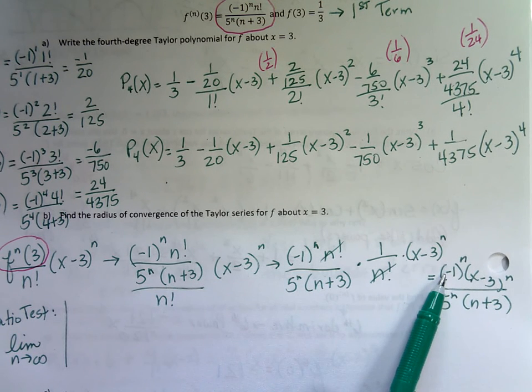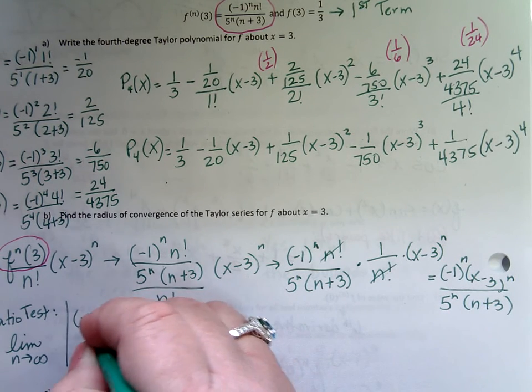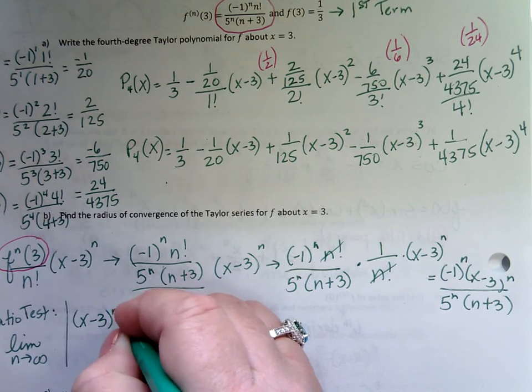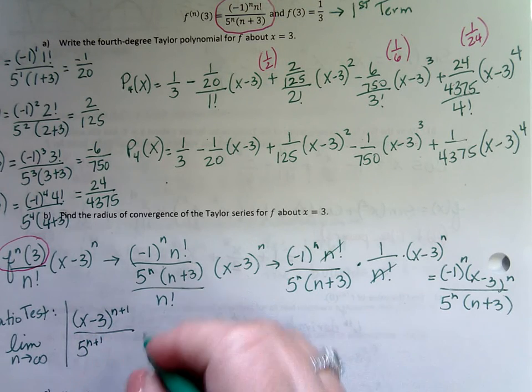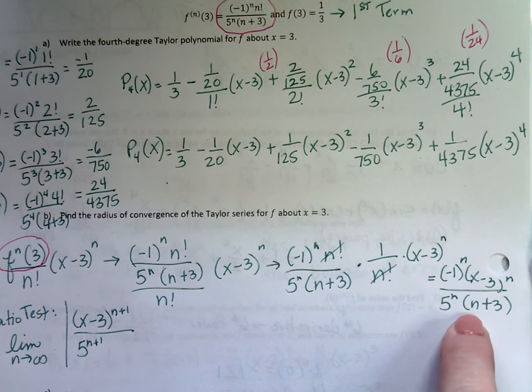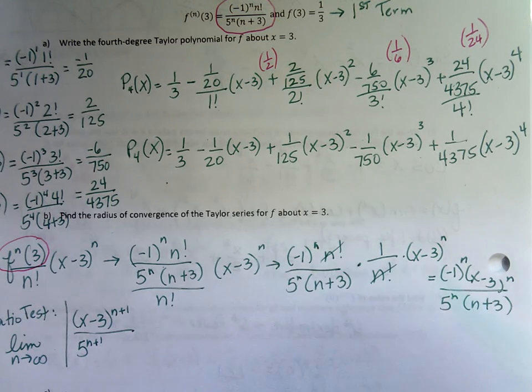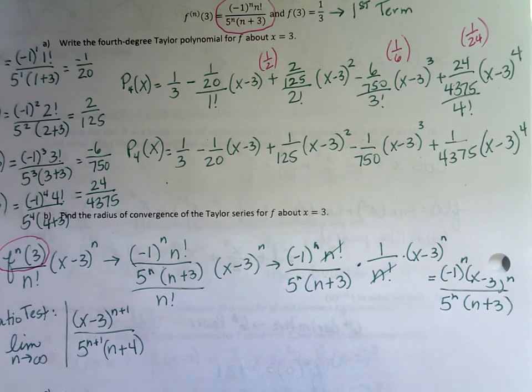So I'd have x minus 3 to the n plus 1 power over 5 to the n plus 1 power. And then, remember this is n plus 1. N plus 1 plus 3 gives me n plus 4. So there's where the n plus 1 term would be.